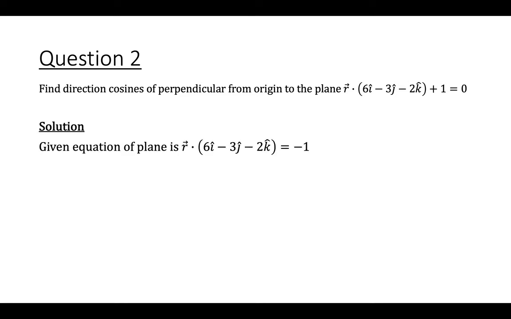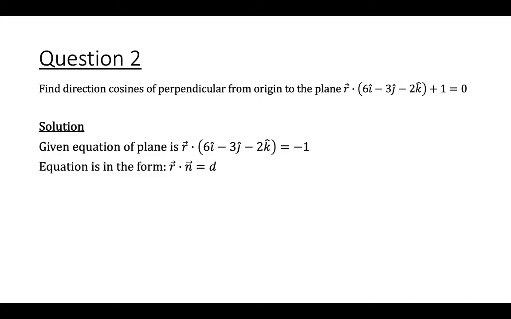Question number 2. Find the direction cosines of the perpendicular from the origin to the plane vector r dot (6i minus 3j minus 2k) plus 1 equal to 0. Here, the given equation of the plane is vector r dot (6i minus 3j minus 2k) equal to minus 1. We never take distance negative, so make the distance positive.